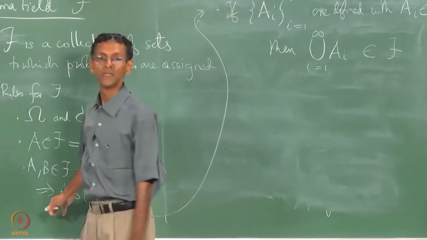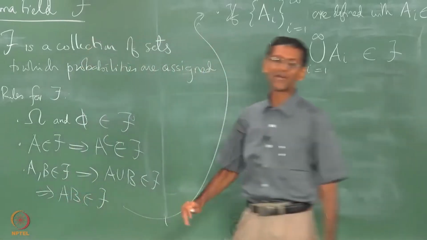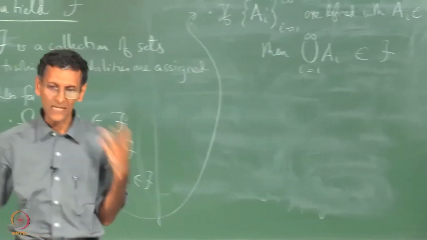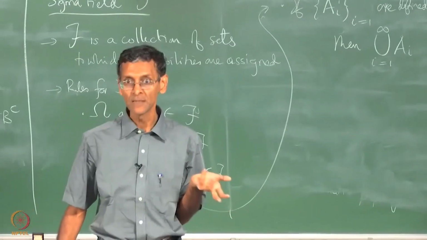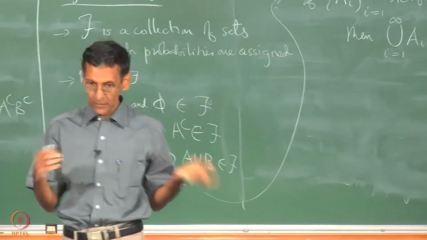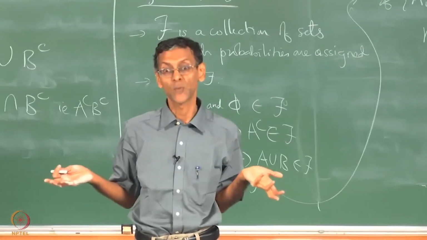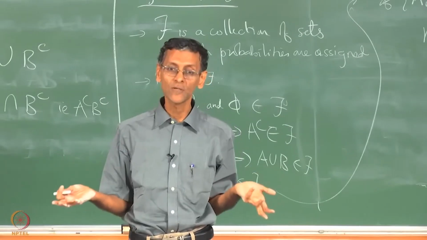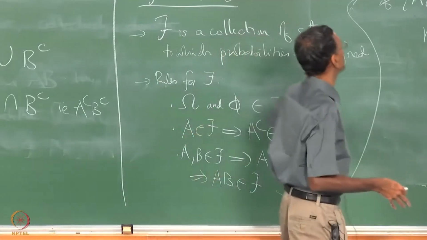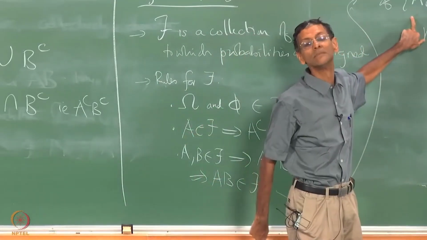This would really come into effect only if you had at least a countably infinite number of elements in omega. It also applies when you have an uncountable number of elements in omega, because that's also a case where you can form an infinite collection of sets. But remember, even if omega itself is uncountable, this is a countable collection.